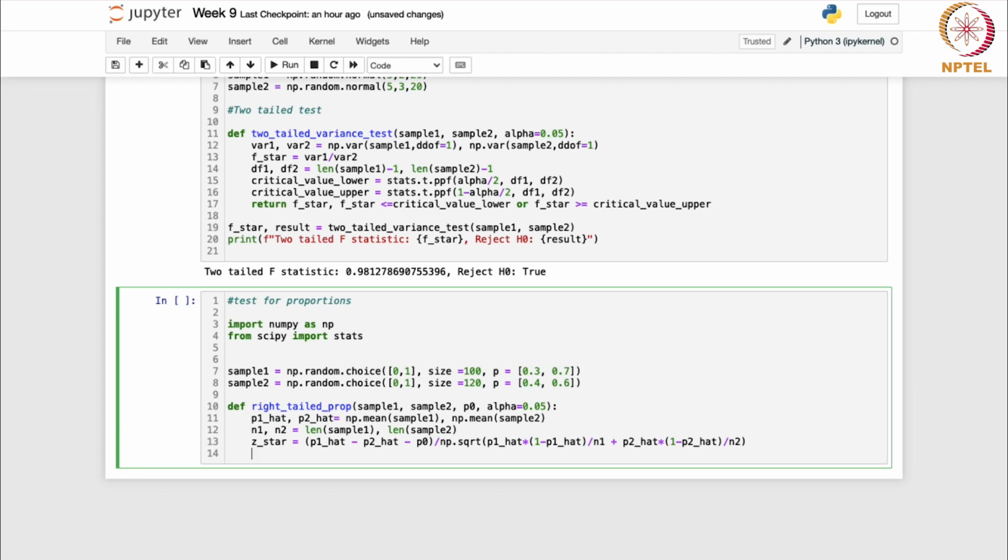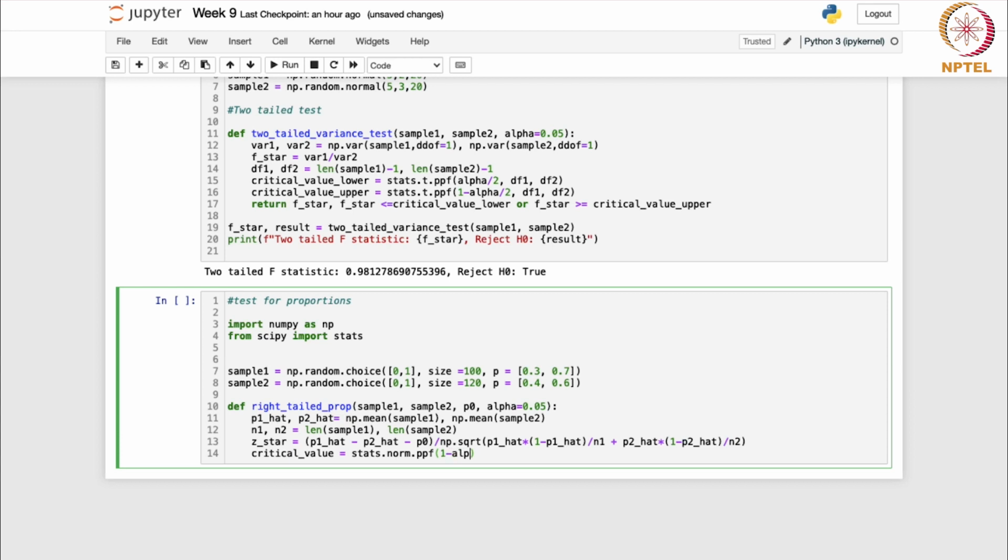Okay, so now you will calculate the critical value. Because we know that here we can use the normal approximation, we use stats.norm.ppf, the percent point function.